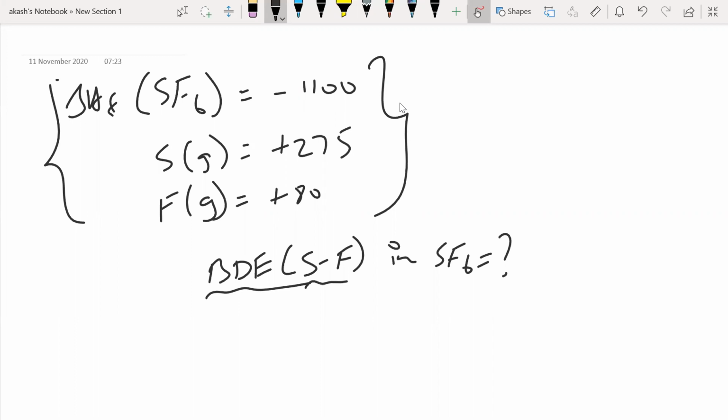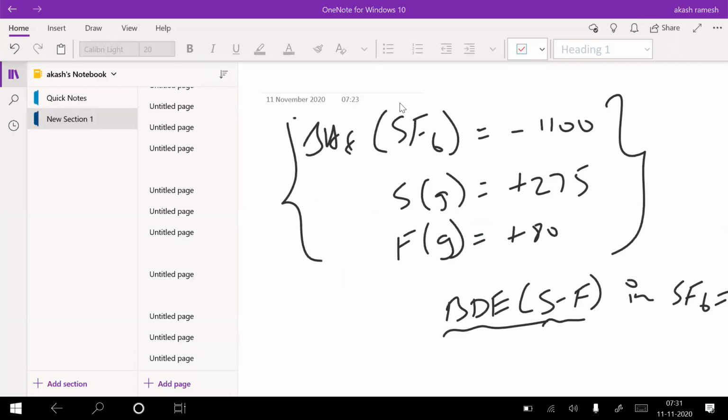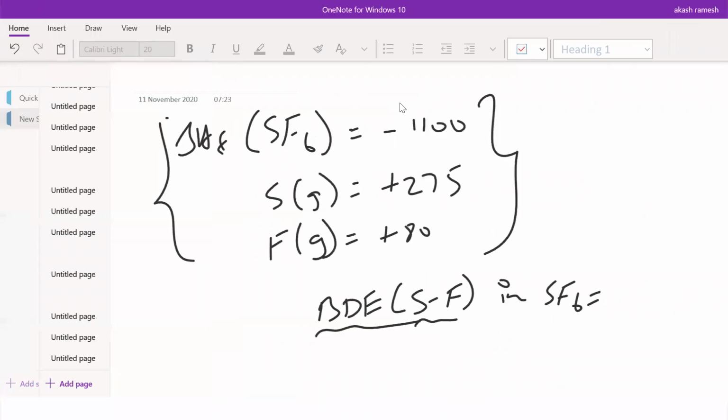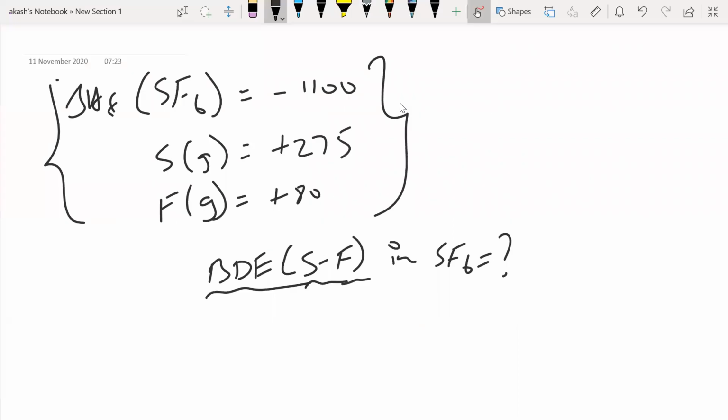Now whomever is doing the problems, continue doing the problems. Sir, I have a doubt. Yeah, Kanna, tell me. Sir, first we have to find bond enthalpy and then do? Yes, that's how you have to do it. They have given you bond dissociation enthalpies, but it doesn't matter. You know how to write the bond enthalpy for SF6.